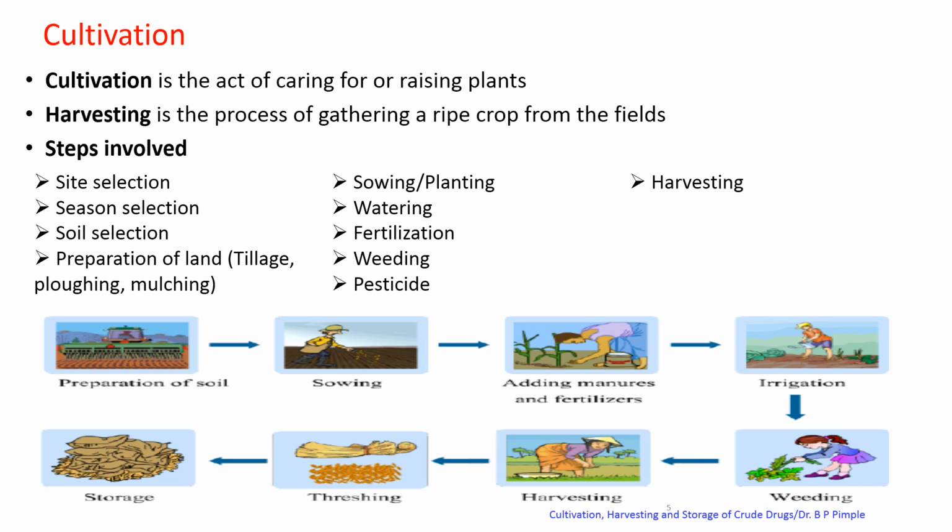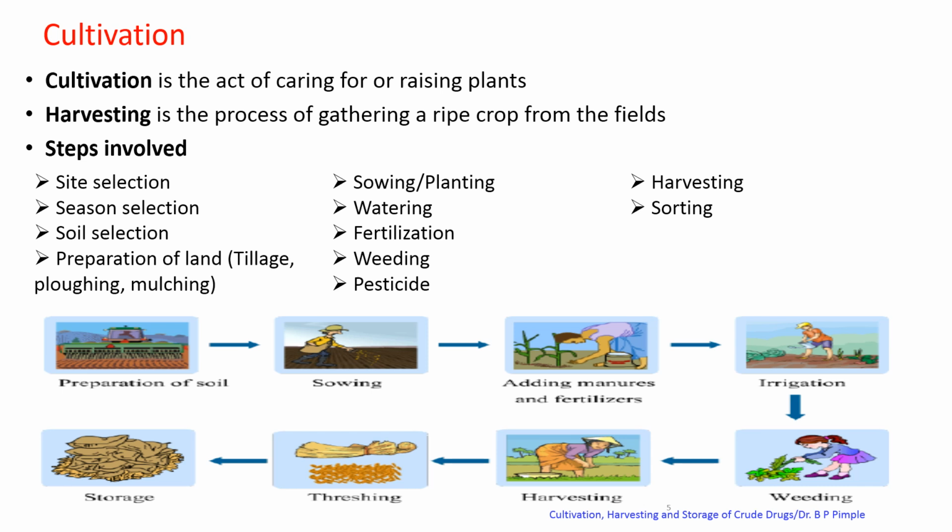Harvesting. Once the crop reaches a desired state, harvesting, that is collection, is initiated. After harvesting, the crop has to be sorted. There are various ways of sorting. Sorting means separation of the desired plant part. You might have seen beating or threshing.